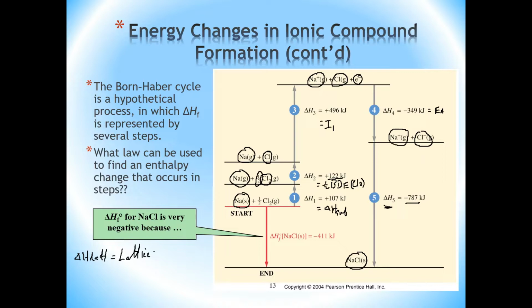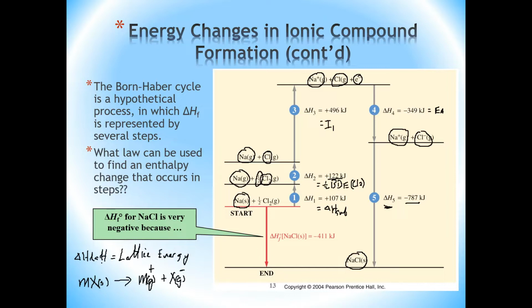And this is a measure of the stability of the ionic compound, and it is the energy that is required for the breaking up of the solid ionic compound into its constituent ions. So this is basically what happens. All right?